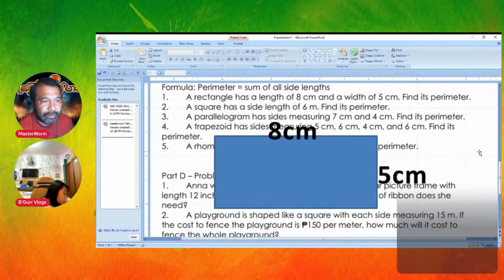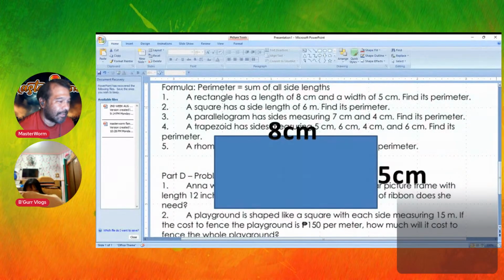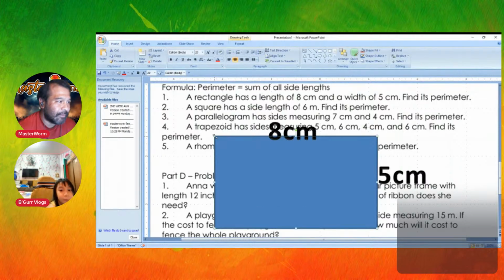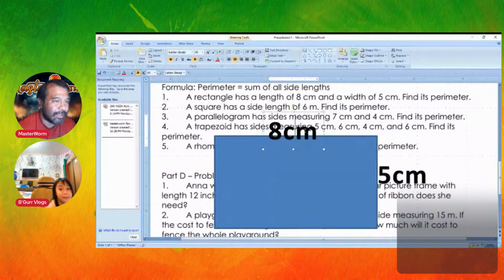Okay. So the question here is a rectangle has a length of 8 centimeters and a width of 5 centimeters. So here, big girl, this is 5 centimeters. The length of this, from here to here, that's 8 centimeters, right?